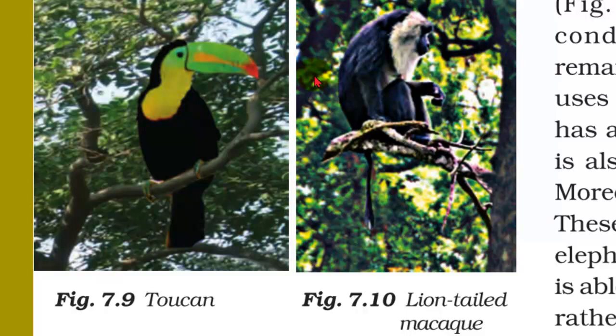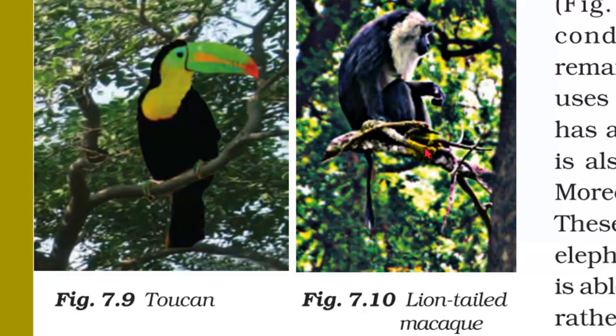Many tropical animals have sensitive hearing, sharp eyesight, thick skin, and a skin color which helps them to camouflage by blending with the surroundings. This camouflaging protects them from predators. For example, the big cats like lion and tiger have thick skins and sensitive hearing.